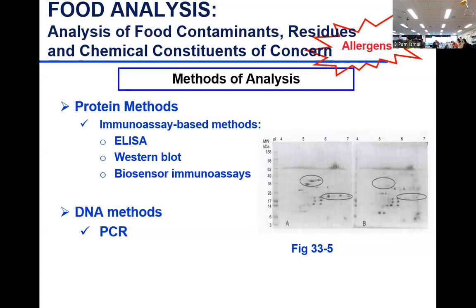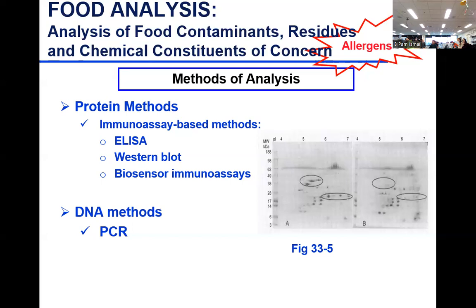The other method is determining the presence of DNA of the particular allergen using PCR. I'm not going to go into that; I'm not very familiar with PCR. I just want you to remember that there are DNA methods using PCR. But the drawback of that is when you use a protein isolate in your formulation, that protein has been isolated from the original matrix, from soy or wheat or what have you, and then you lost the DNA.